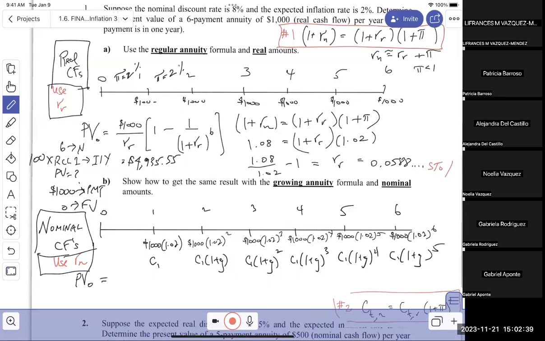So we're going to put C1, which is 1,000 times 1.02, over I minus G, but we're going to use the nominal rate, which is 0.08, minus G, and G is 0.02, times 1 minus (1.02 divided by 1.08) to the power of 6. And we put that in our calculator, and we should get the exact same answer that we got in part A.